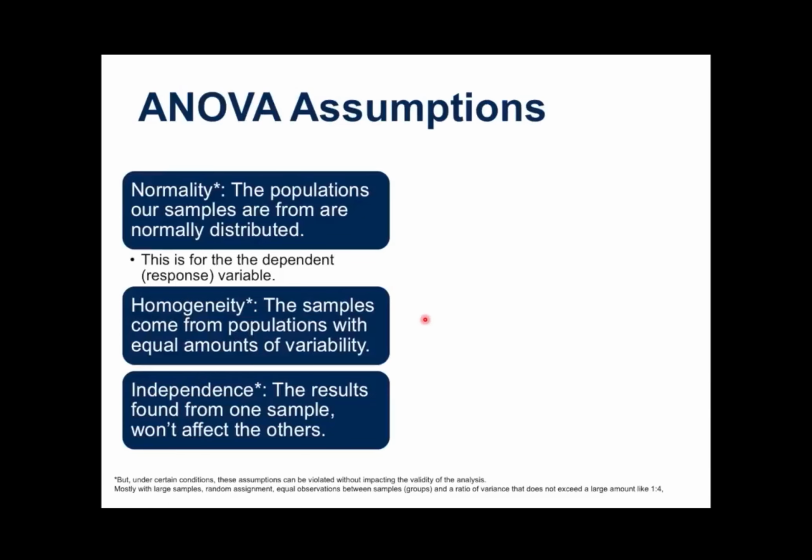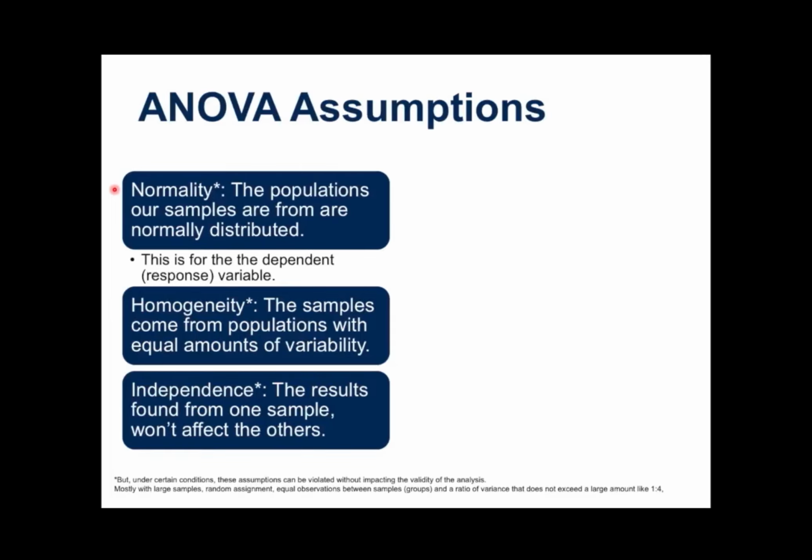A couple of assumptions that we need to keep in mind. We've been spending a lot of time in the course looking at the normality of our variables from a univariate perspective. Those are all the questions that we were asking about every individual variable and how normal it is. That's very important in ANOVA. We want our dependent measure, which some call a response variable, to be normally distributed. In our example, that would be the wages.